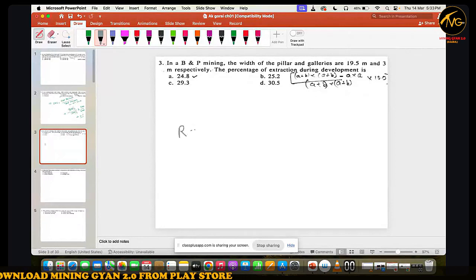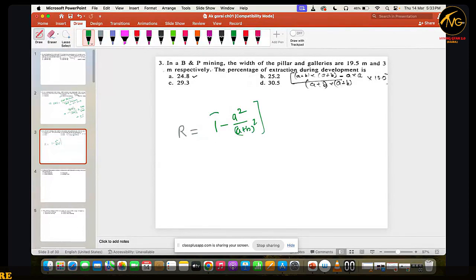So what is the percentage of extraction? What is the formula? 1 minus, if the square is similar, then (a plus b) whole square by (a plus b) whole square into 100. So 1 minus, what is a?